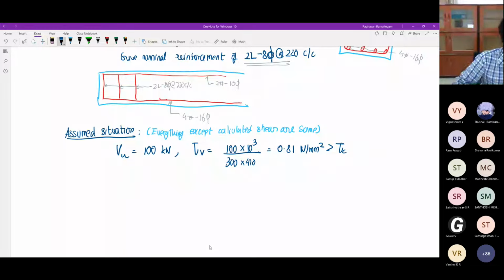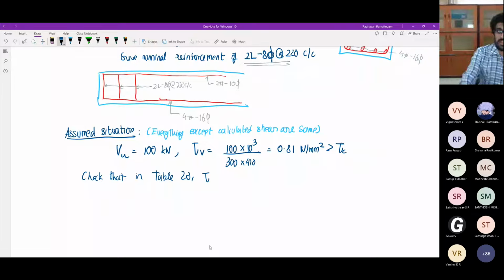Tau v should be lesser than tau c max. If you go to table 20, you will have several values called tau c max for different grades of concrete. For grade M25, this is 3.1 Newton per mm square. So tau v is 0.81, which is lesser than 3.1 Newton per mm square. Therefore, it's okay.